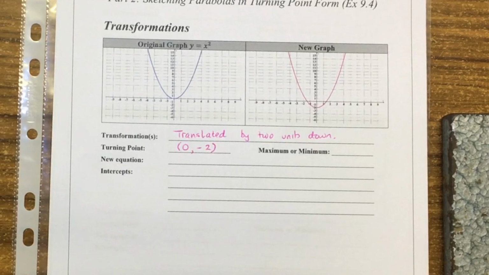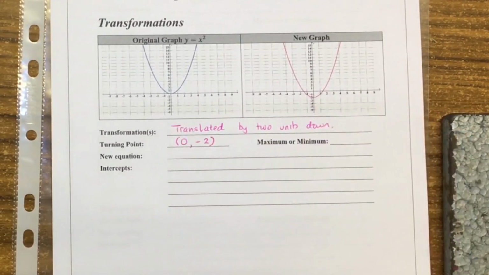Now, the next one says maximum or minimum. What that means is the turning point, would we call it a maximum or a minimum? Using sheer logic, what do you reckon? Maximum. Why would you classify it as a maximum?